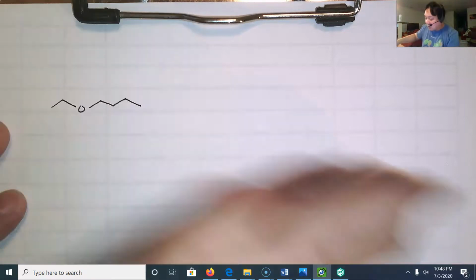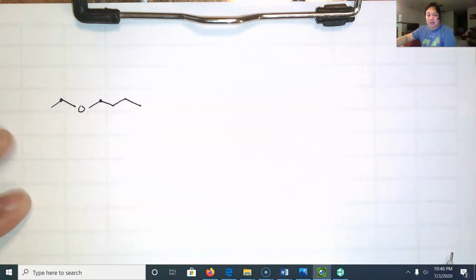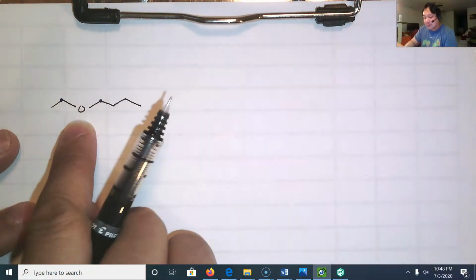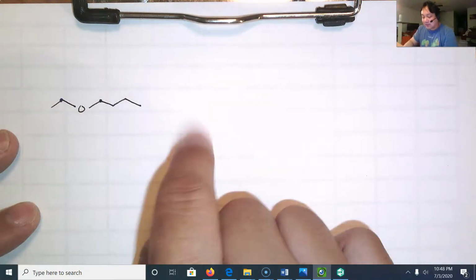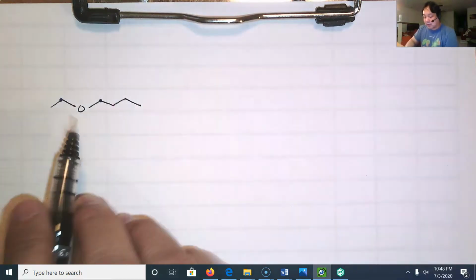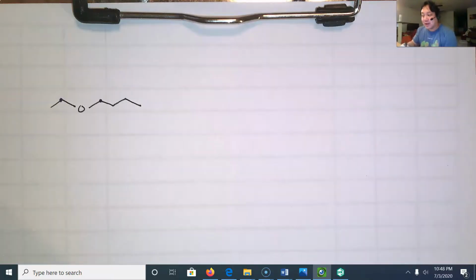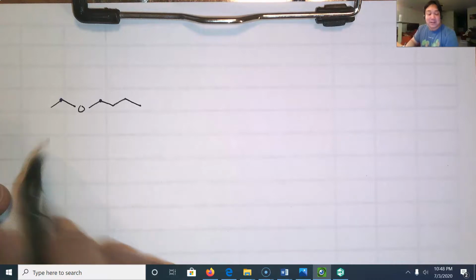Both carbons are primary, so you're not going to make a primary carbocation. You're just going to protonate and use the halide to come in and attack. Does it matter which one you attack? It doesn't matter, as long as you have enough HX to cleave both sides, which you do.